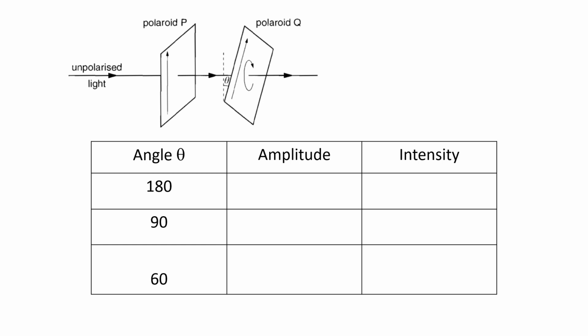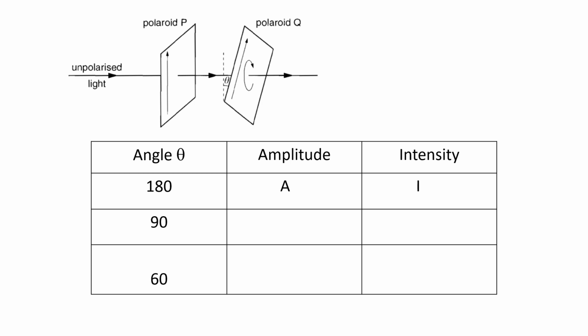So the amount of light that will pass through will also be amplitude A, since the axes of polarization of P and Q are parallel to each other, and therefore the intensity will also be I.